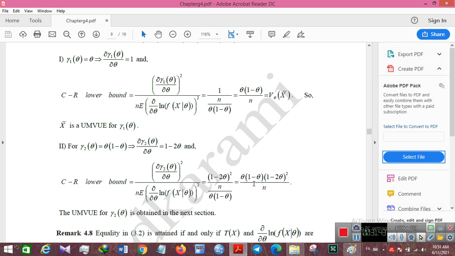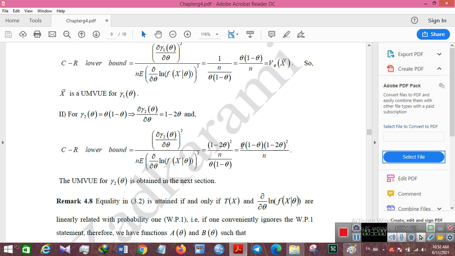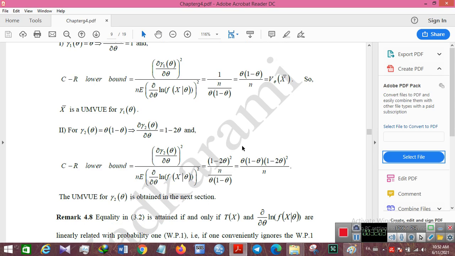We can find the UMVUE for θ over 1 minus θ. So in this section we defined the mean square error, and we defined the Cramér-Rao lower bound and the conditions for it, and in the next part we talk about the properties of the Cramér-Rao lower bound for finding the UMVUE for the parameter.